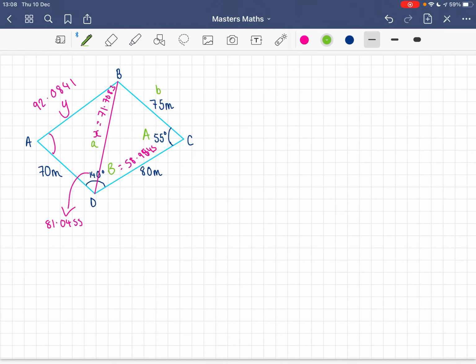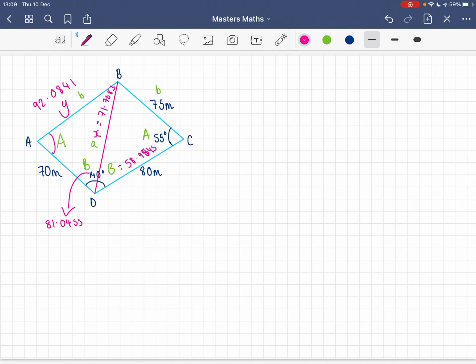What color should I use that I haven't used already? No, I will use green. This is going to be angle A. This side I have already labelled little side A, and then I'm going to use this 81.0455 as my angle B, which means my Y value for the side BA is going to be little b.